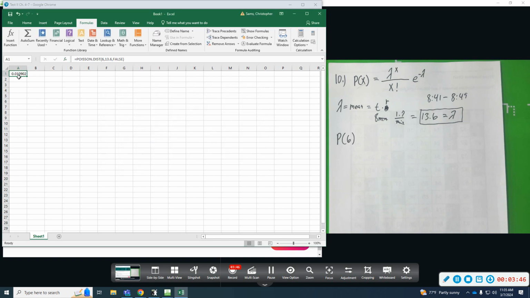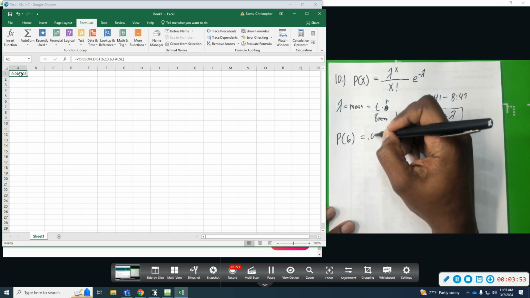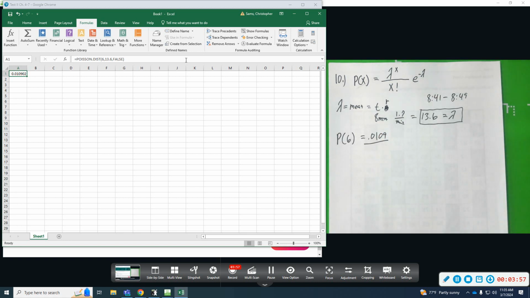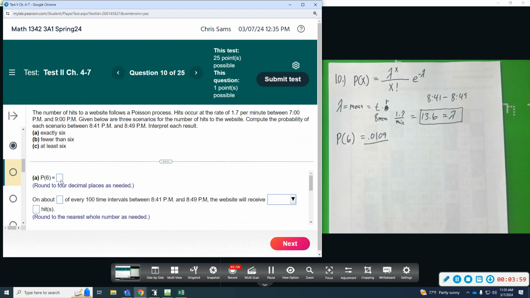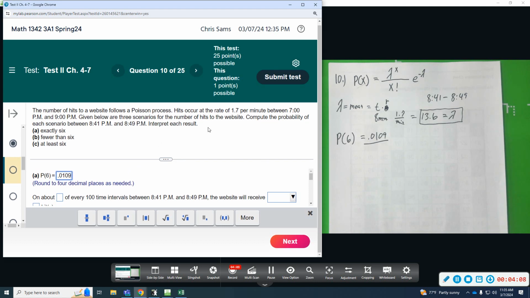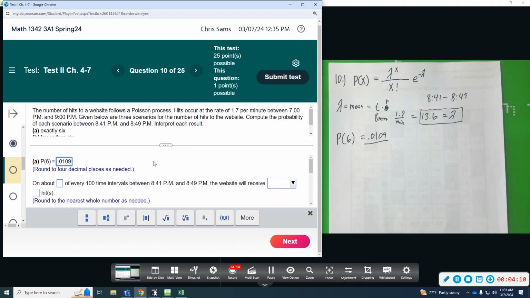When I do that, it gives me the probability here, 0.0109. So that's my probability, 0.0109. Okay, so then we have to interpret that. So it says on about blank of every 100 intervals here. So this is the probability.